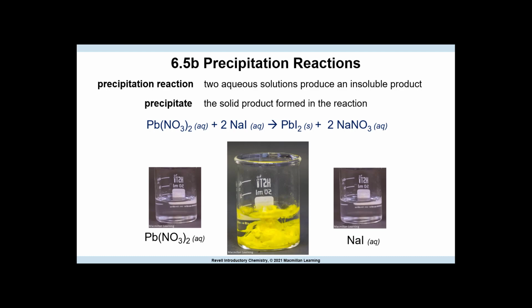So we describe this reaction using this type of equation. This type of reaction in which two aqueous solutions, and you know these are aqueous because this is where the physical states are, combine to produce a solid, there's the solid, insoluble product.